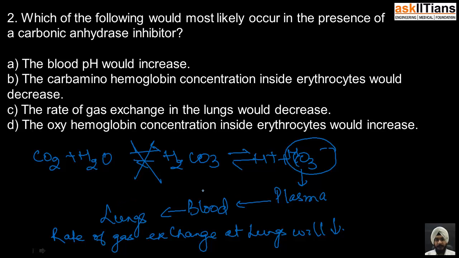There will be less carbon dioxide at the level of lungs in the blood, so there will be less chance of carbon dioxide going out, and since there are no bicarbonate ions, the rate of gas exchange at the lungs will decrease. So the correct option is C. The rate of gas exchange in the lungs would decrease. Rest of the options do not hold true.